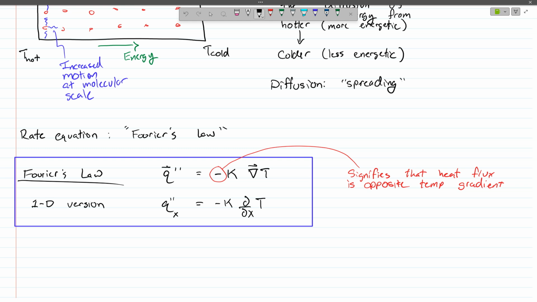In both of these cases, also, just as in the example we did earlier, we get units of watts per meter squared.